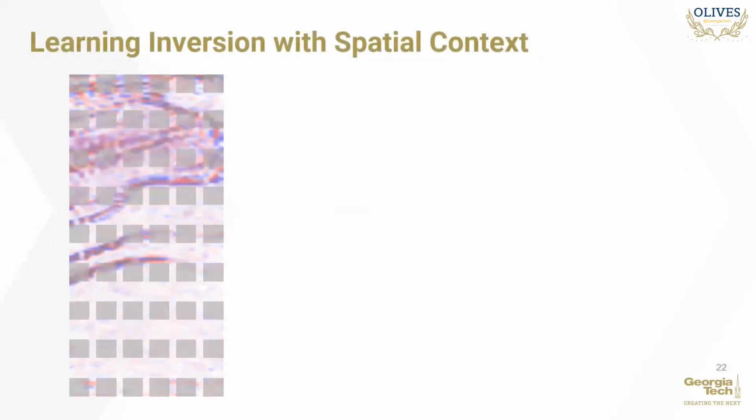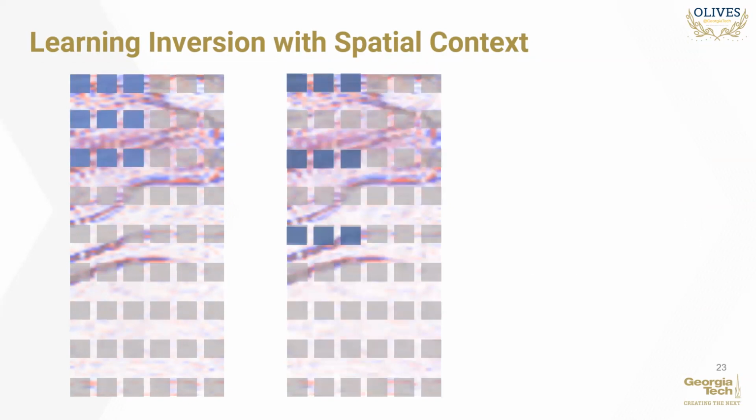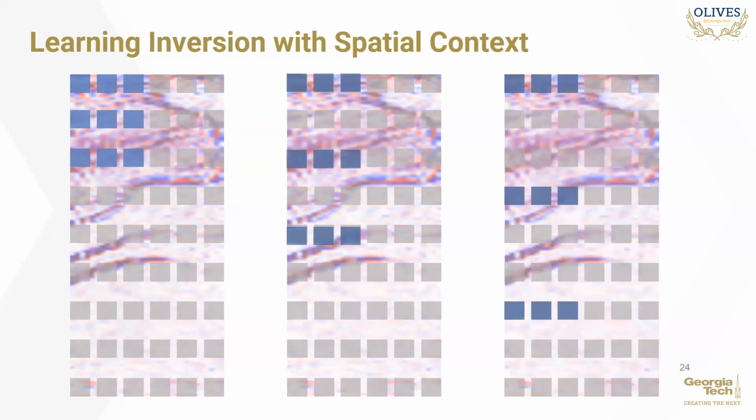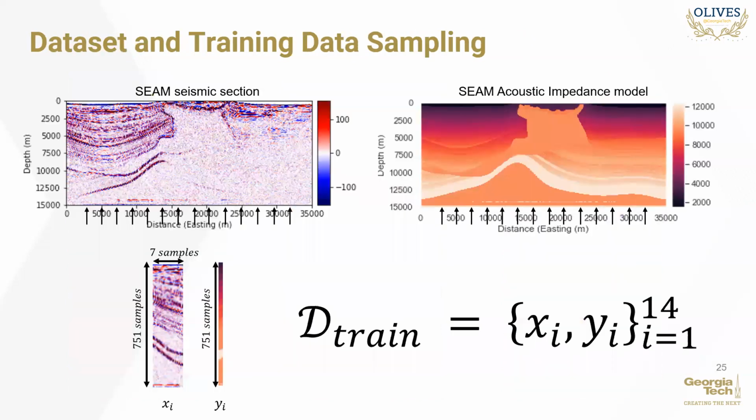And then this patch is processed by a special kind of 2D convolutional layer where the convolutional kernel is staying fixed in the horizontal, spatial direction, but it's dilating in the vertical direction. In this way, this kernel is able to temporally model the seismic data, but it's also able to incorporate the spatial context into the problem setup.